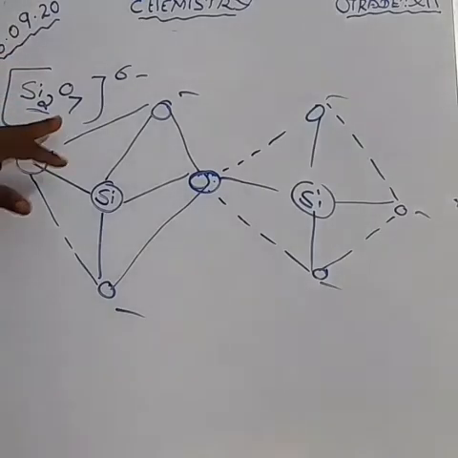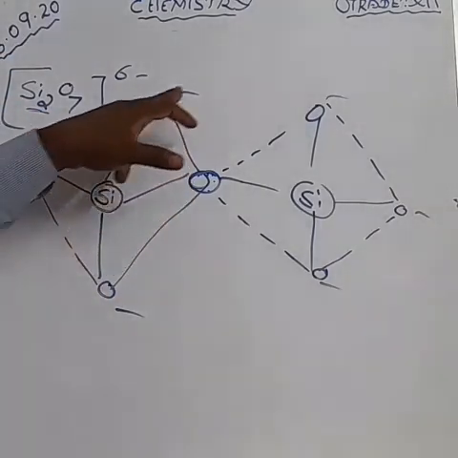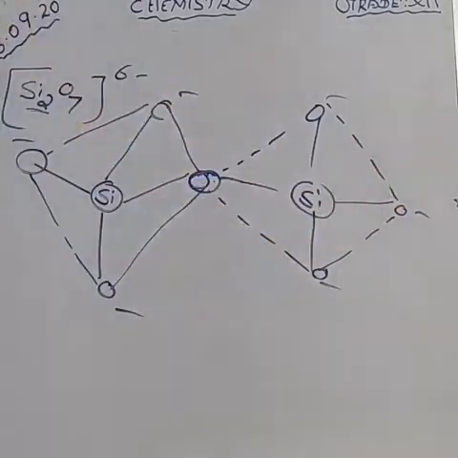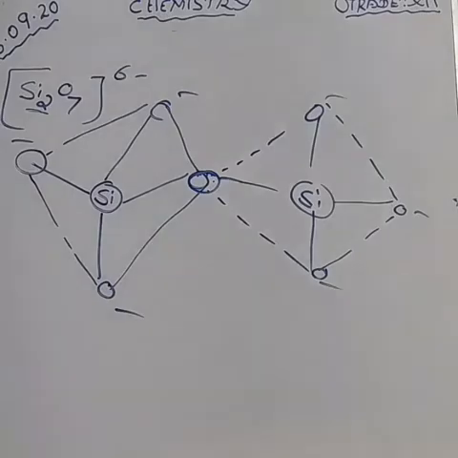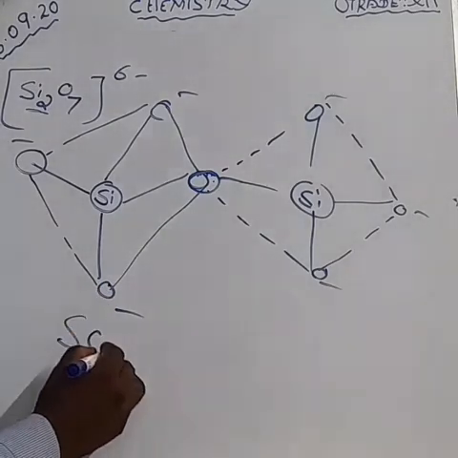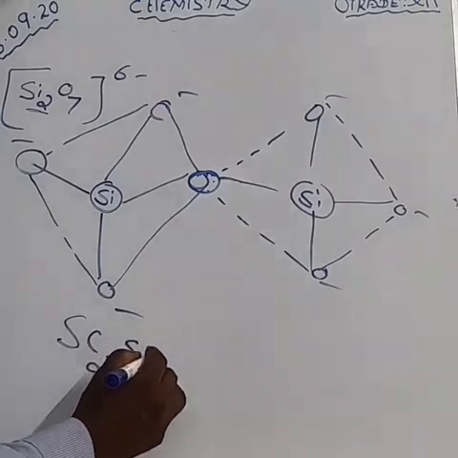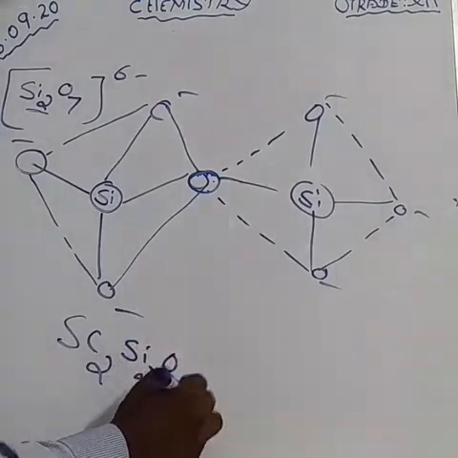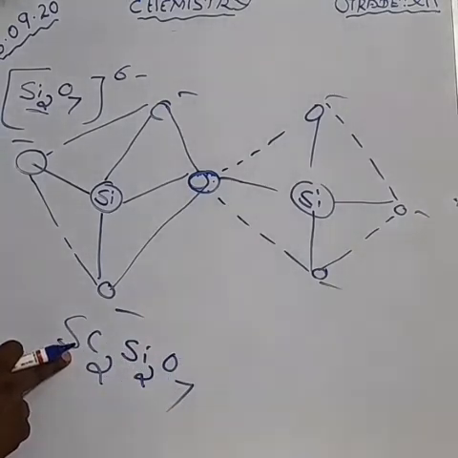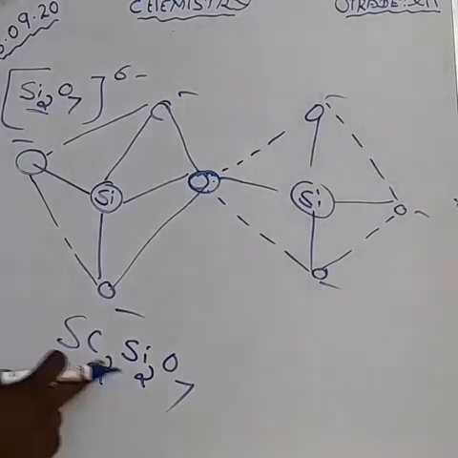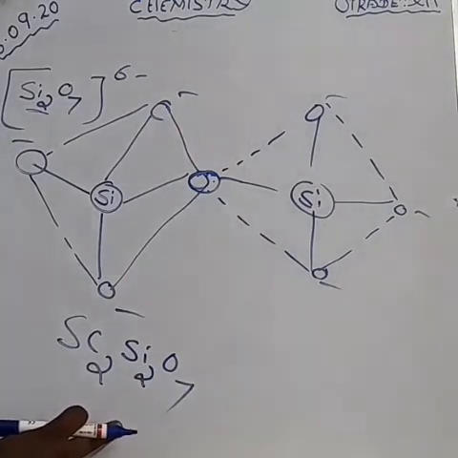How many oxygens? 7 oxygens. Then what are the examples? The formula is Sc2Si2O7. What's the formula? Sc2Si2O7. This is the formula.